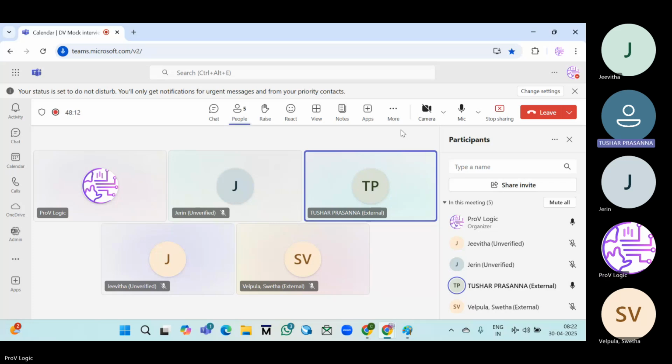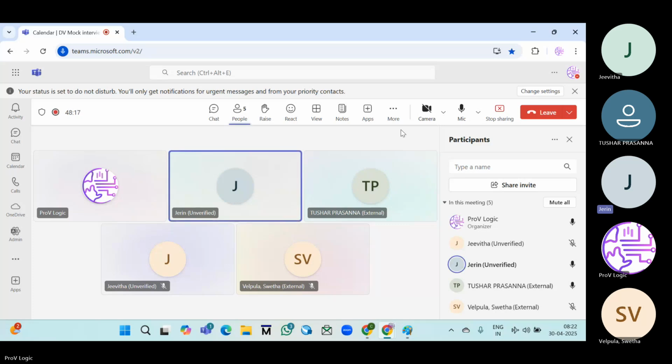Jarin? Sequential execution is done with the begin and end block, whereas parallel execution is done with the fork and join.